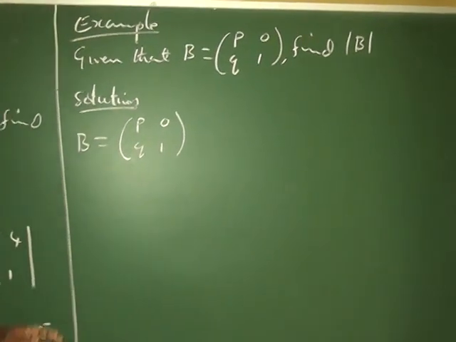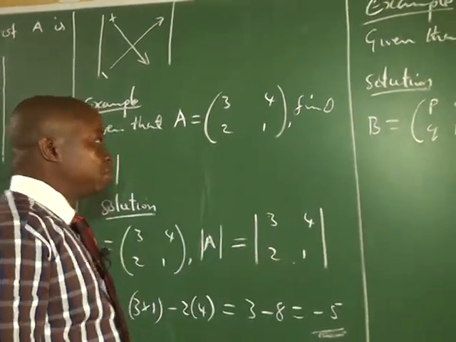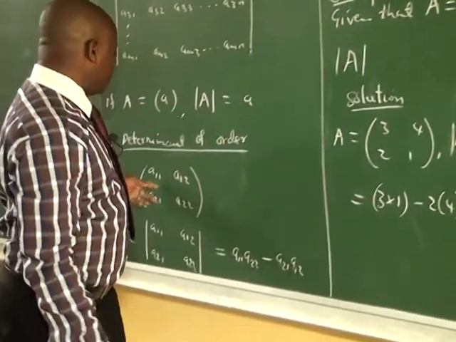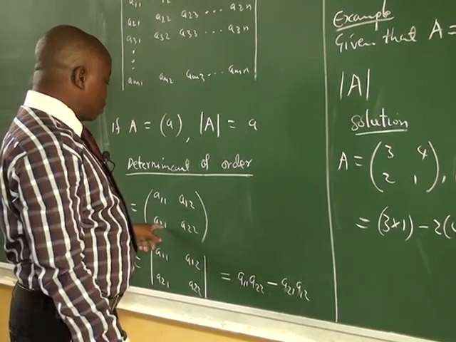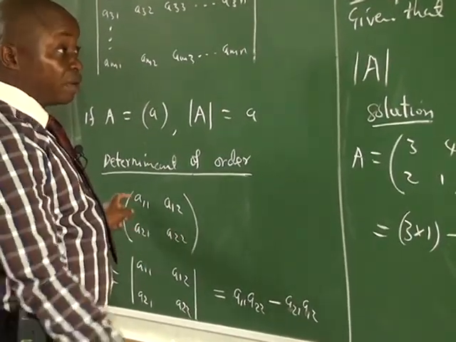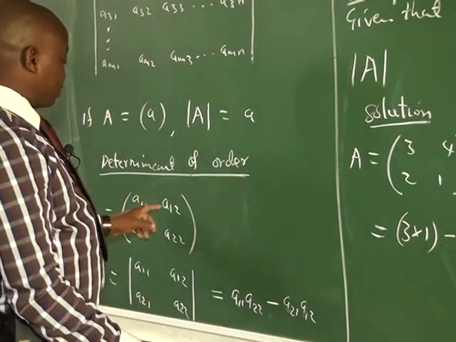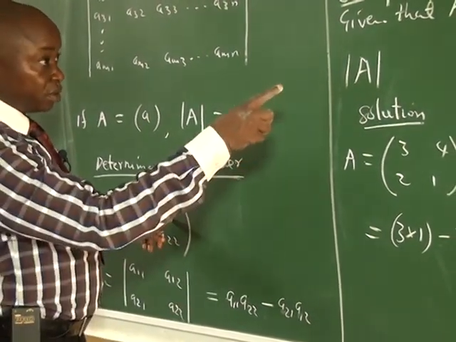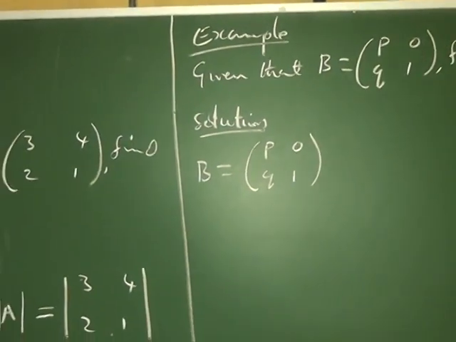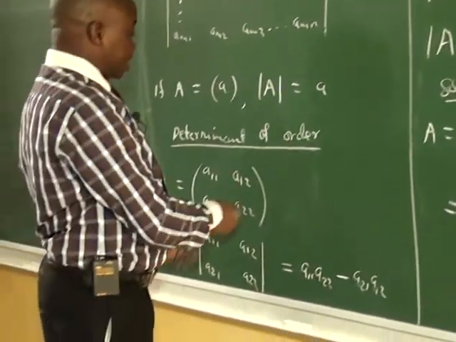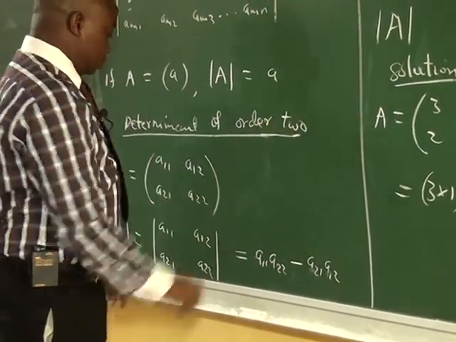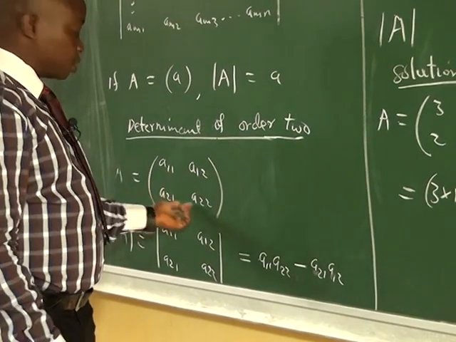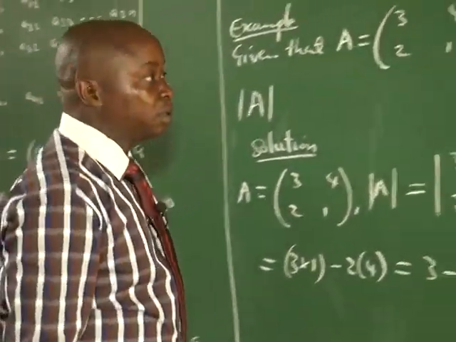Now this is a determinant of order 2. If you compare it with A11, A12, A21, A22, so A11 is P, A12 is 0, A21 is Q, A22 is 1. It has 2 rows and 2 columns.